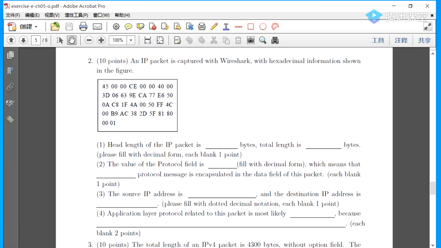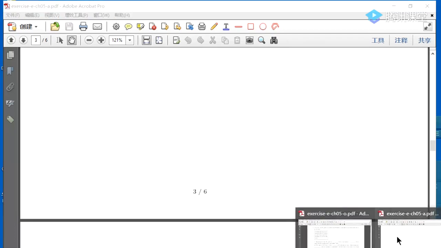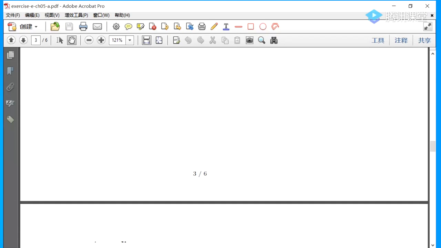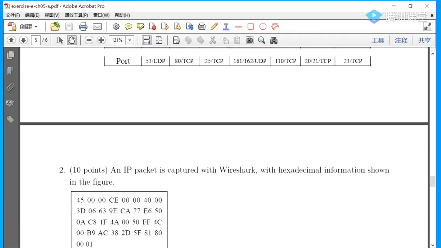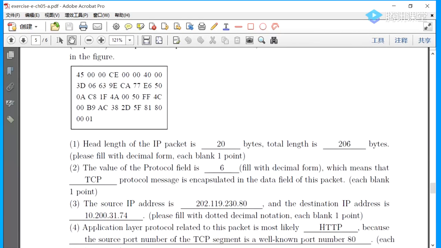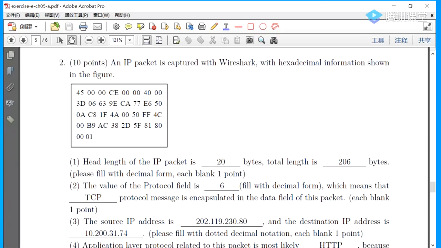Header length of the IP packet is, here's 5. So 20 bytes. So I will illustrate the answer. The header length of the IP packet is 20 bytes.